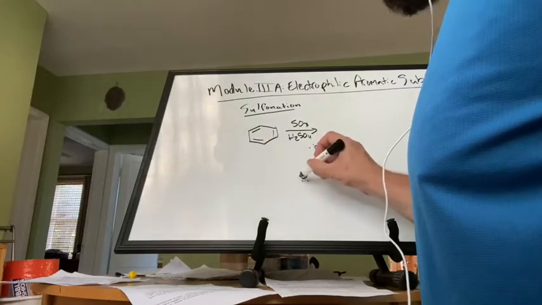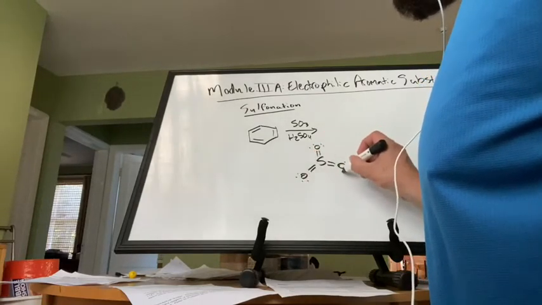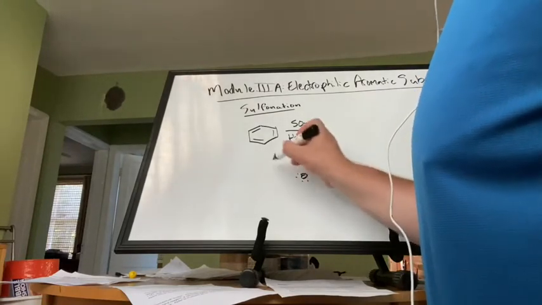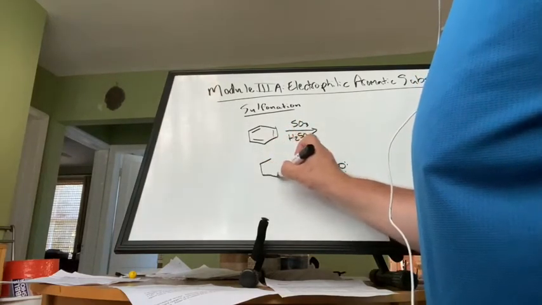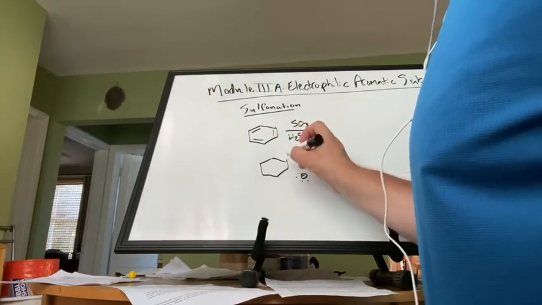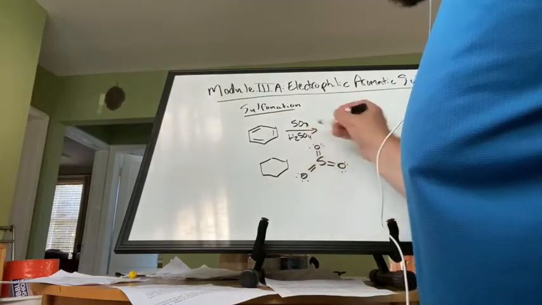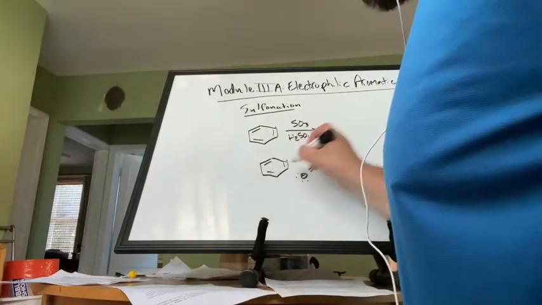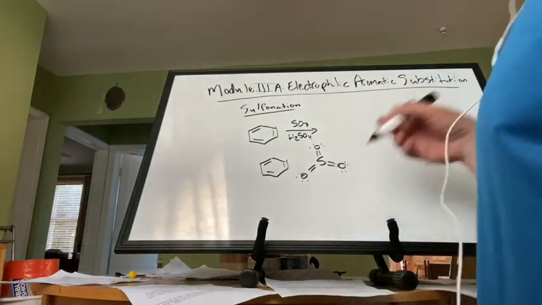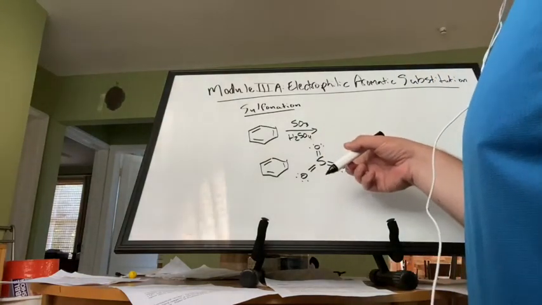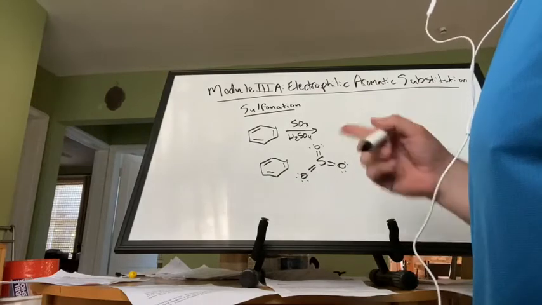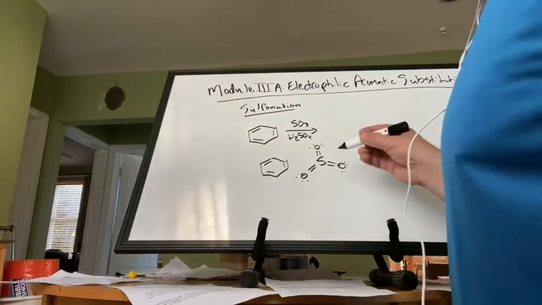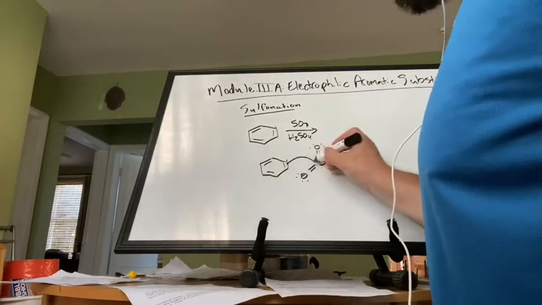So it's going to be a planar structure. So this is really going to be your electrophile. And seeing as sulfur is getting electrons tugged away from it from each of these three oxygens, it's going to be electropositive as a result.